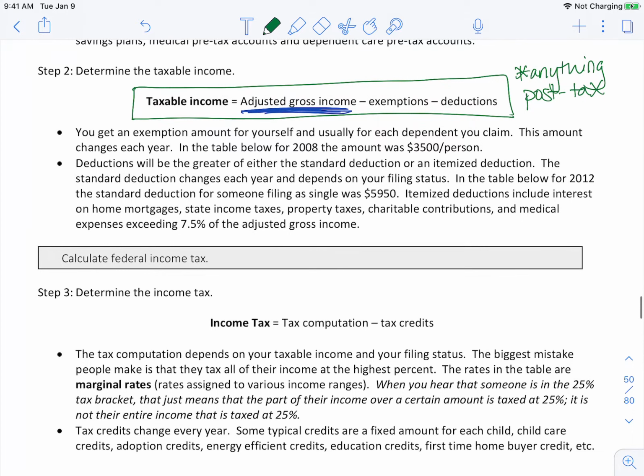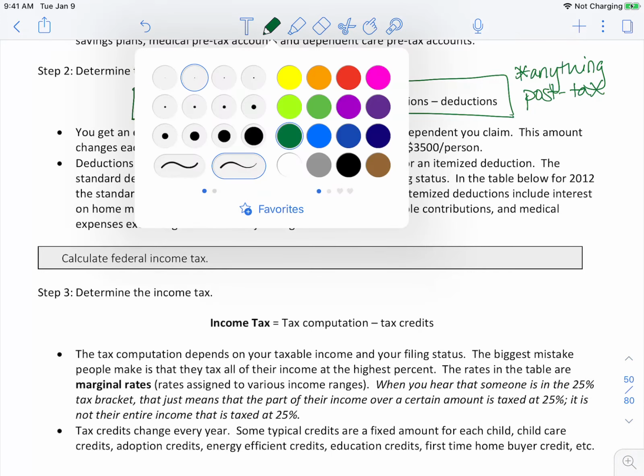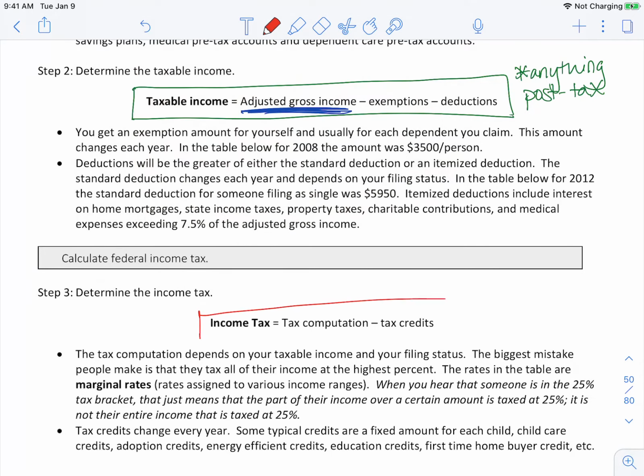So here's our example. We're going to calculate the federal income tax. So to determine the income tax, we're going to take our tax computation, which we'll go through in a moment, minus any tax credits. So the tax computation depends on your taxable income and your filing status.